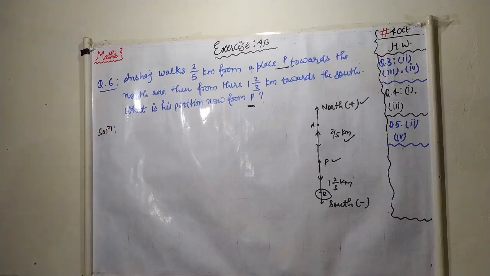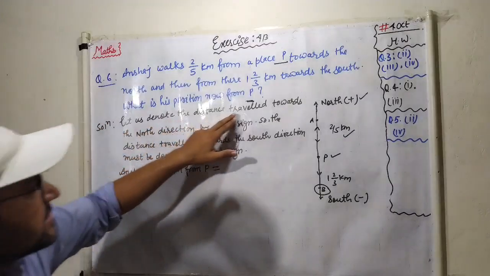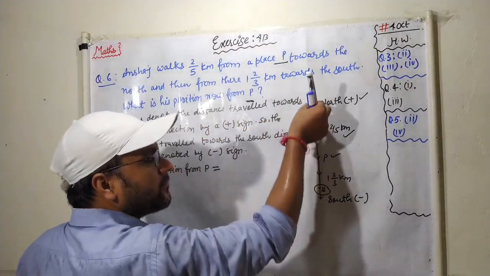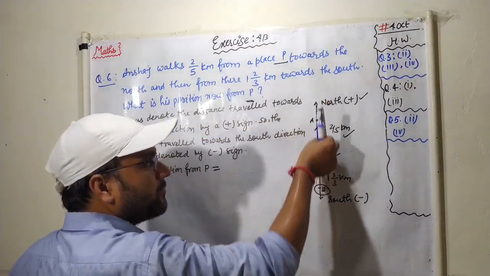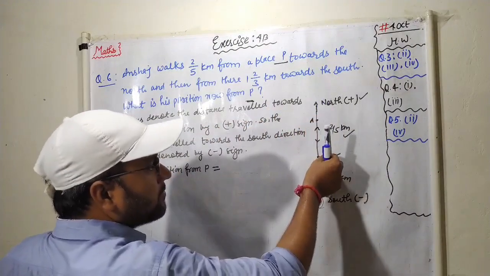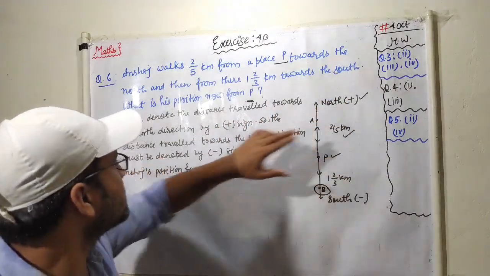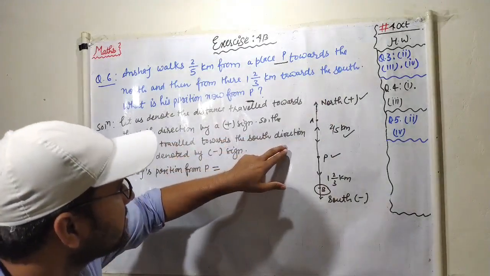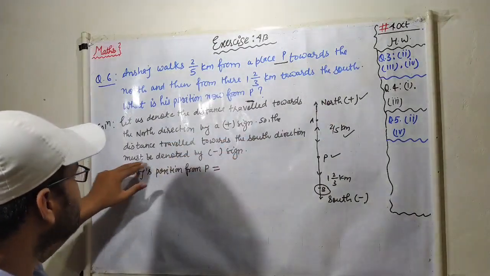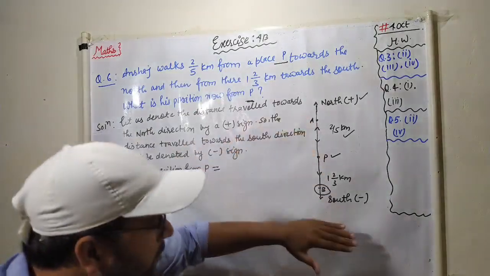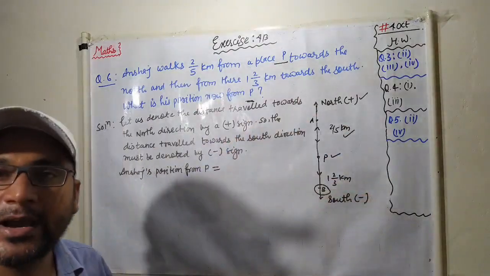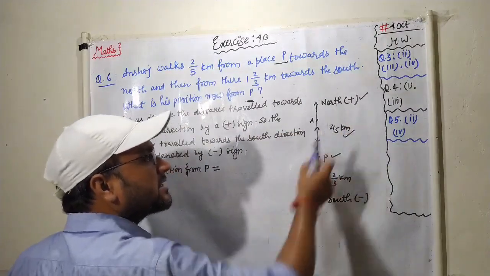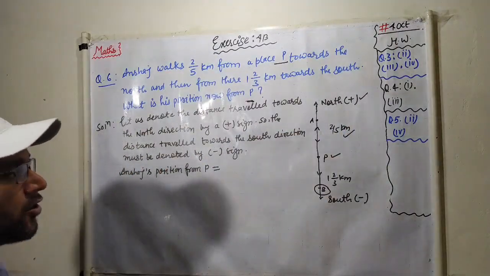Okay. Let us denote the distance traveled towards the north direction from point P with a plus sign, and so the distance traveled towards the south direction must be denoted with a minus sign, just opposite of plus. So we use a minus sign for south direction and plus sign for north direction.